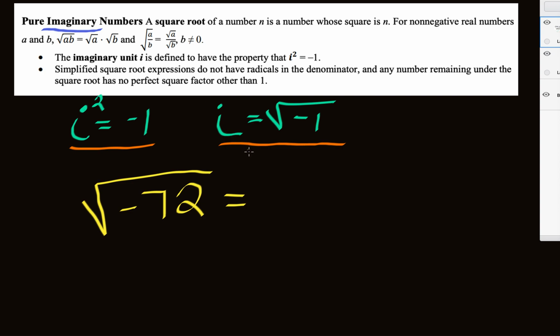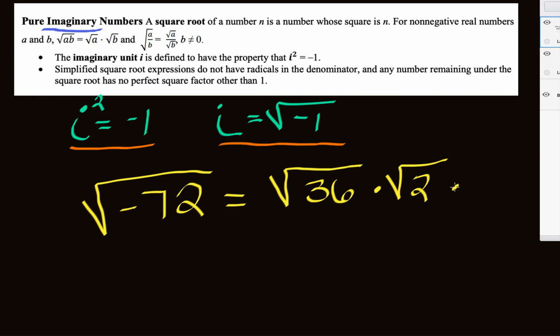I can break up 72 into a couple of factors, one of which is a perfect square. By the way, 72 breaks up into the square root of 36 times the square root of 2, because 2 times 36 is 72.